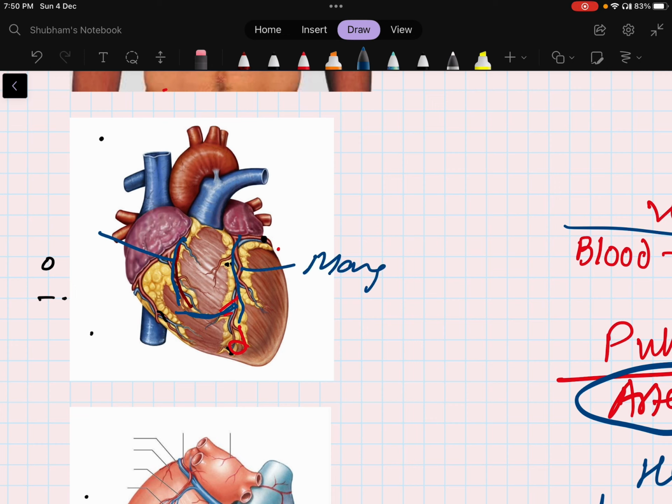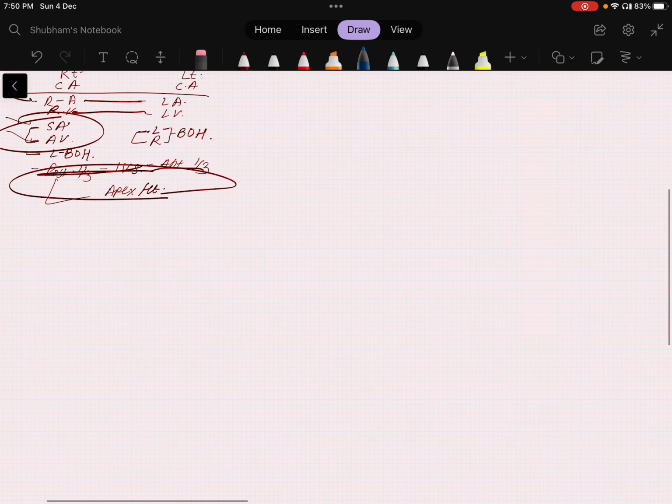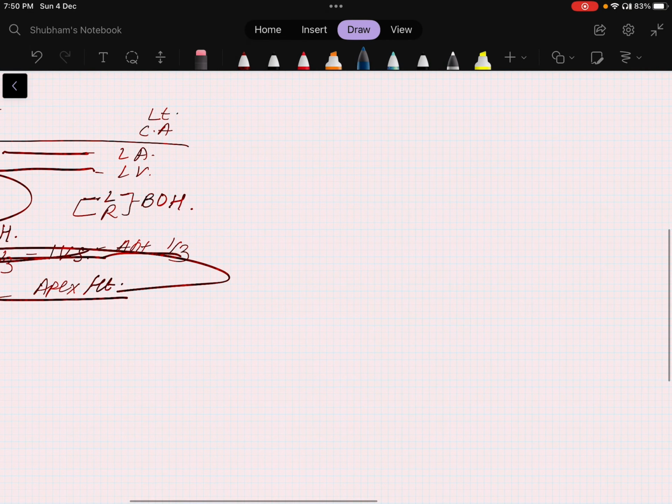This is the cardiac vein, and connecting with both of them is the coronary sulcus. And then we will have the middle cardiac vein and the great cardiac vein. So I'll make it simple for you. That's a difficult part to remember, so let's just see.